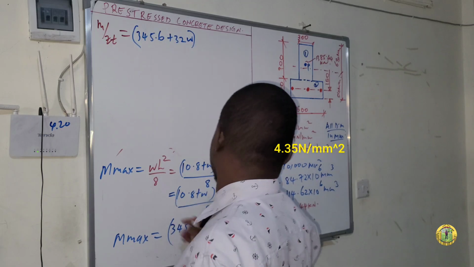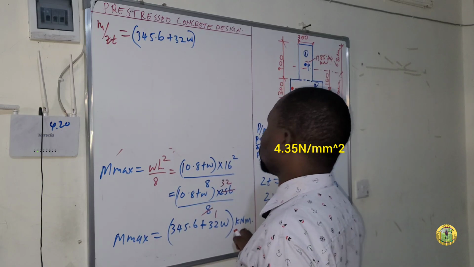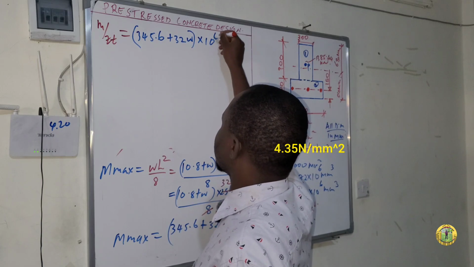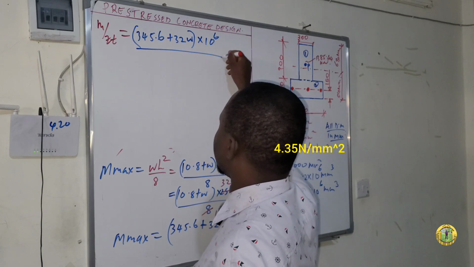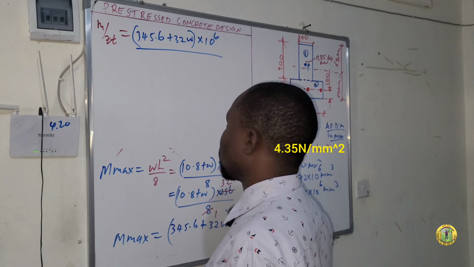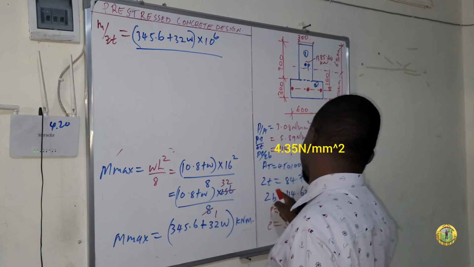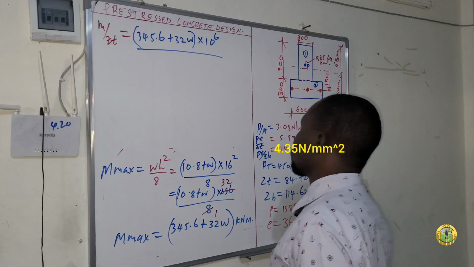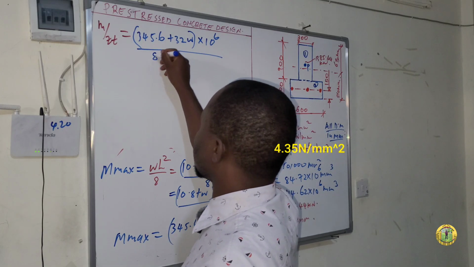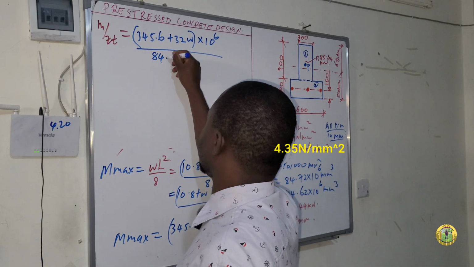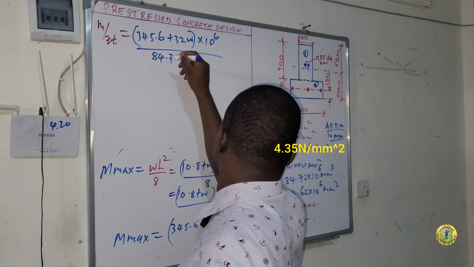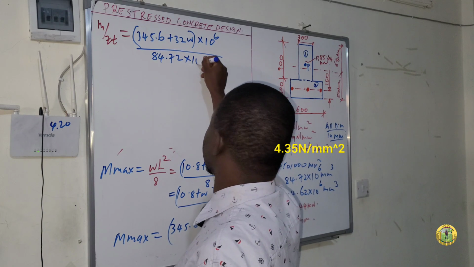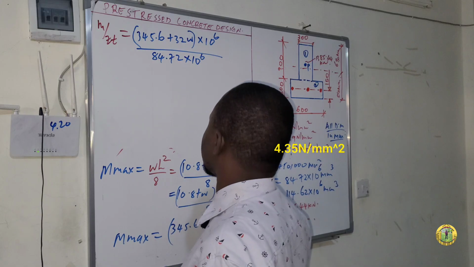Remember this is in kilonewton meter, so you multiply by 10 to the power of 6 to make it Newton millimeter, over Z top, which is here 84.72 times 10 to the power of 6.